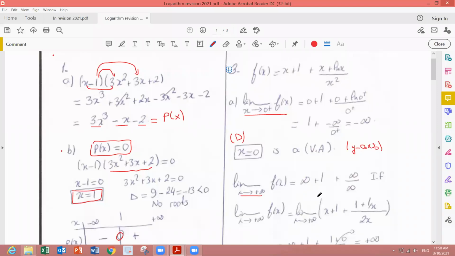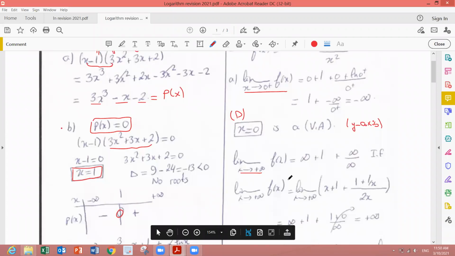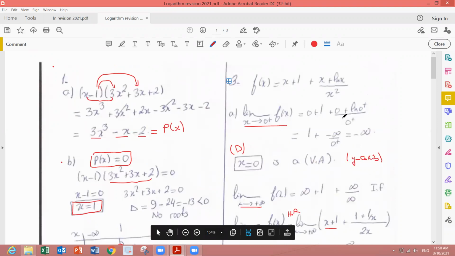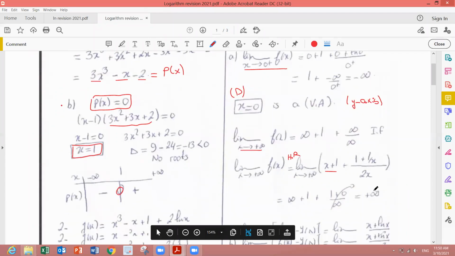So using L'Hospital's rule, limit as x tends to plus infinity. Notice that x plus 1 remains x plus 1. Derivative of ln x is 1 over x, and derivative of x squared is 2x.